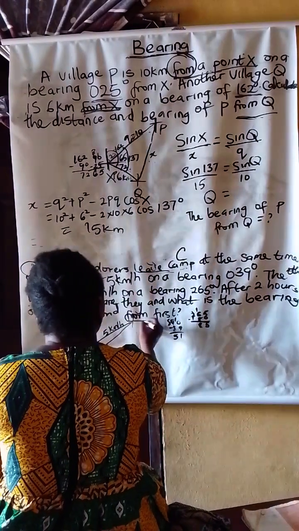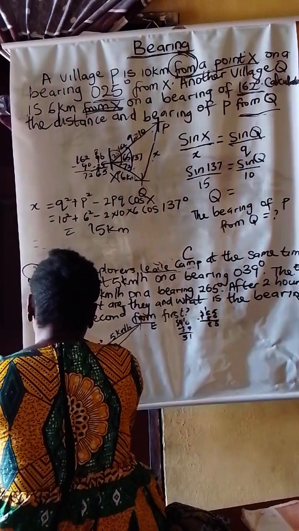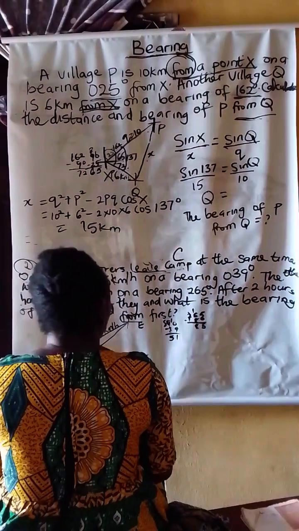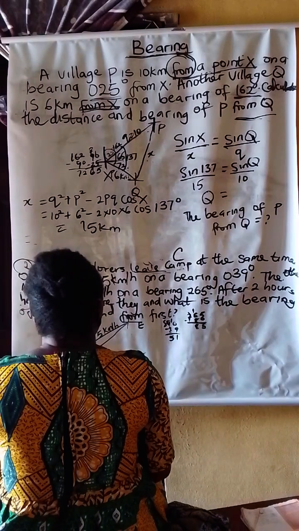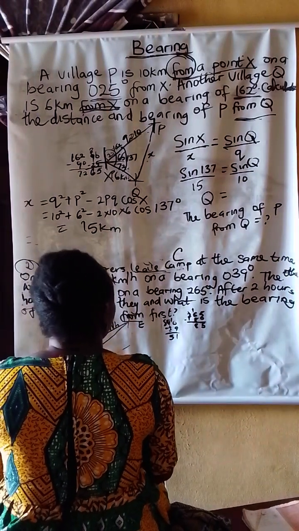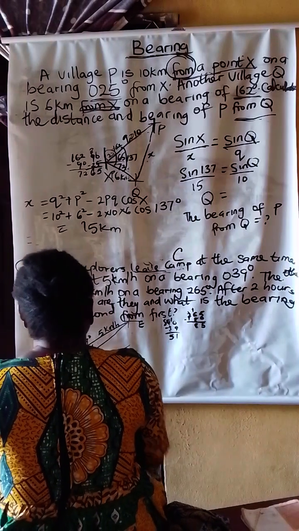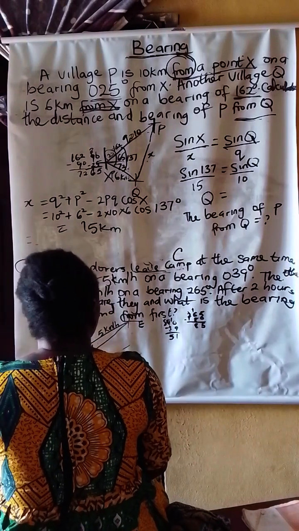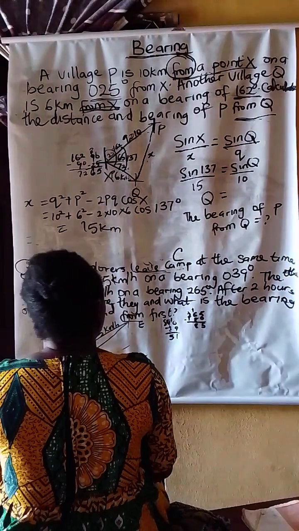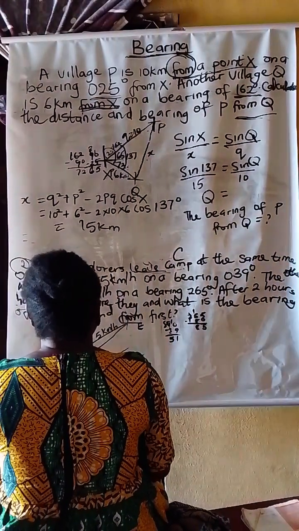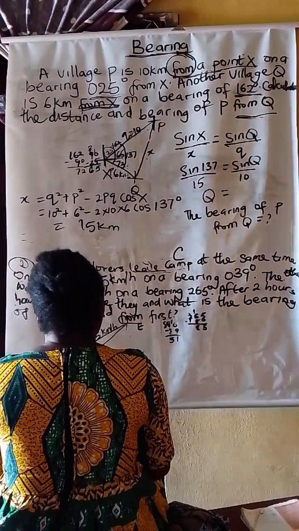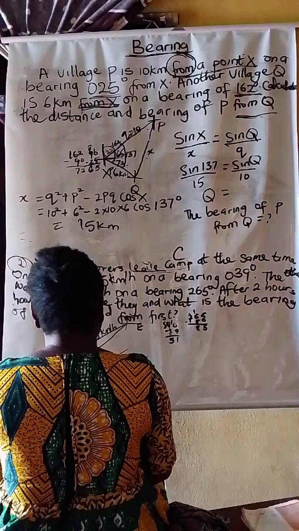This is the first explorer, and this is the second explorer. That's the bearing they were asking for. This one is 7.5 km/h and this one is 5 km/h. After 2 hours, how far apart are they? What is the bearing of the second from the first?